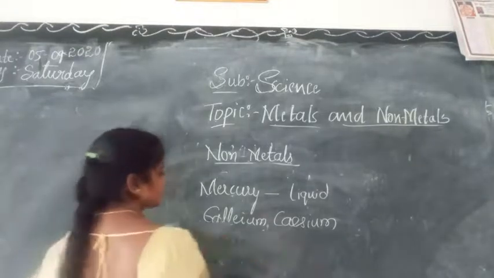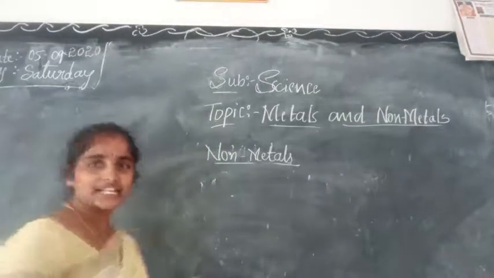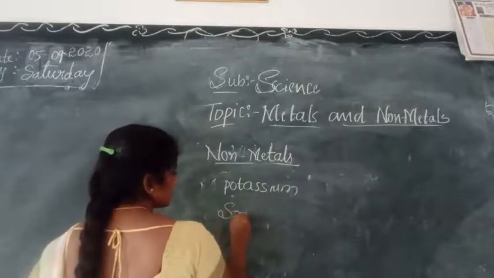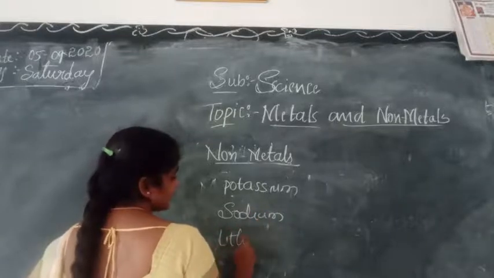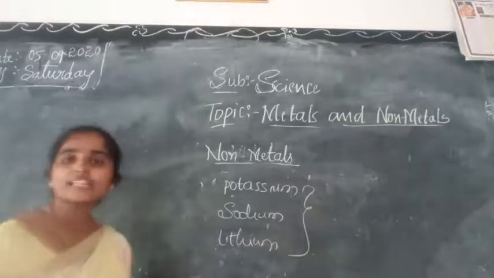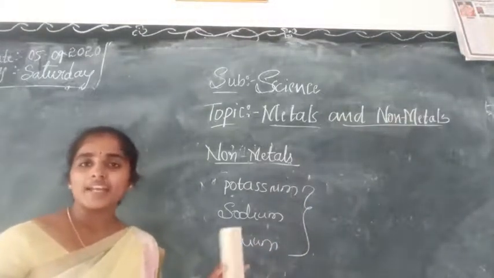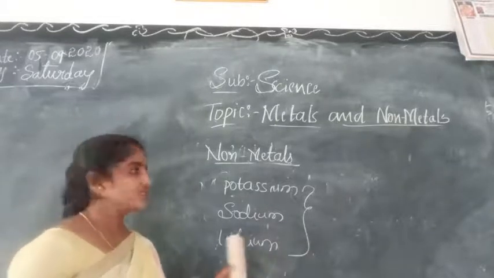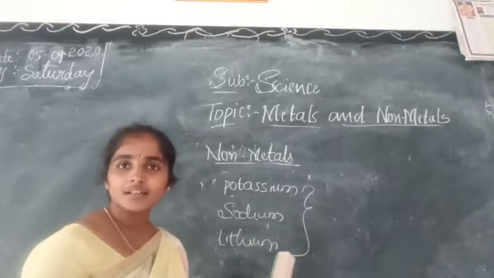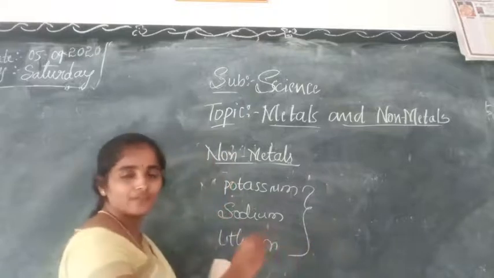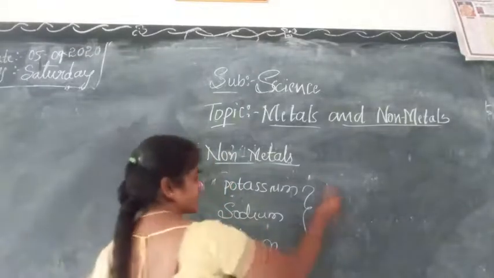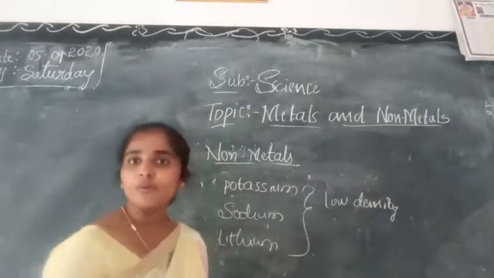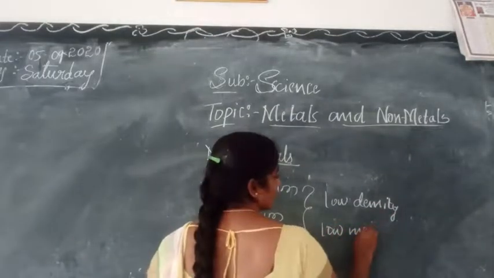Next are the alkali metals: potassium, sodium and lithium. These metals are very soft. They can be cut with a sharp knife because they have low density and a low melting point.